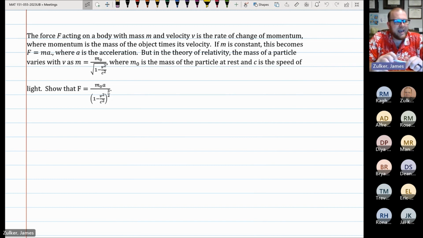We're going to use this fact to show that F is m naught a over the quantity 1 minus v squared over c squared raised to the 3/2 power.